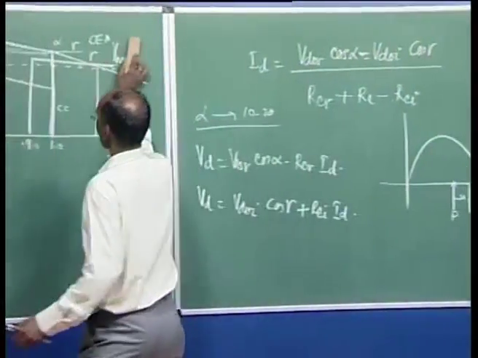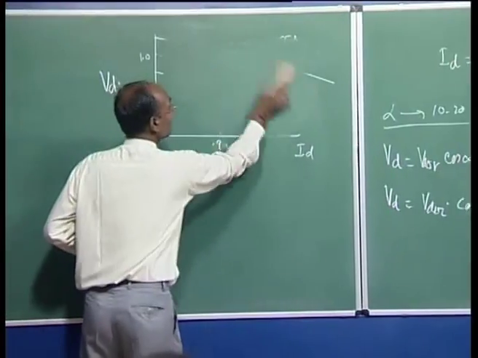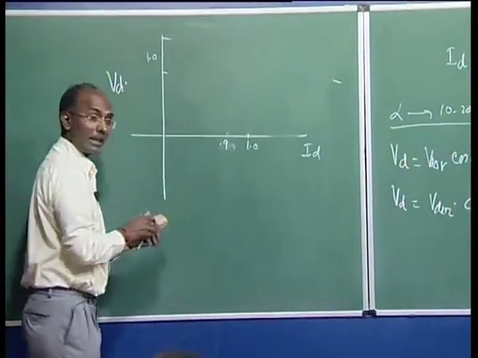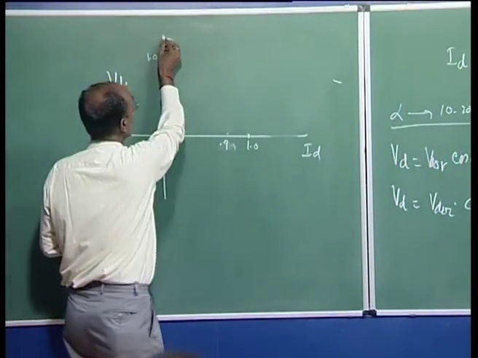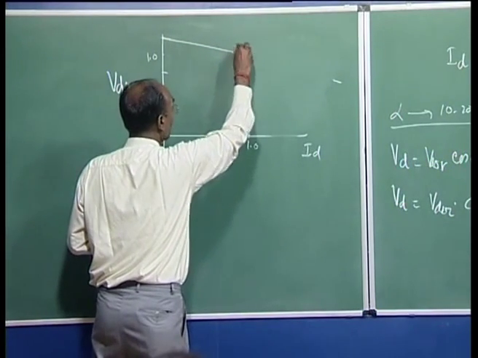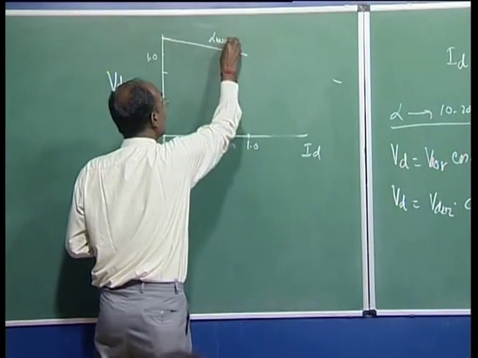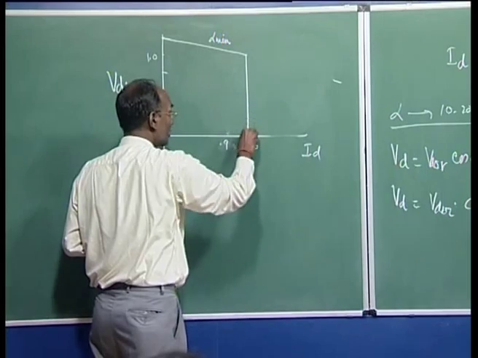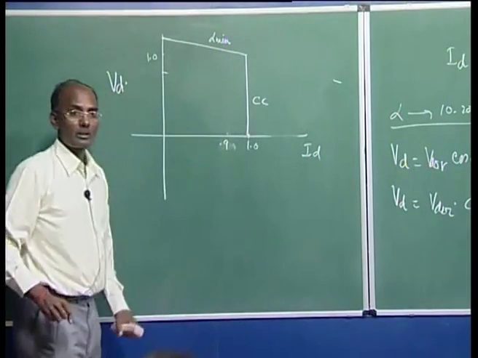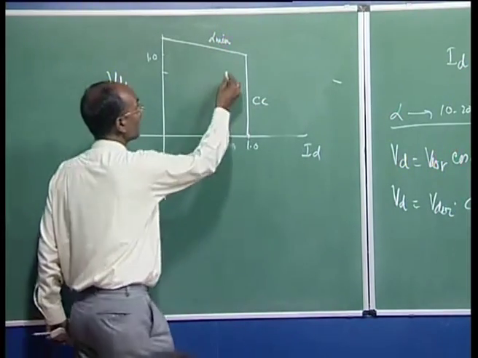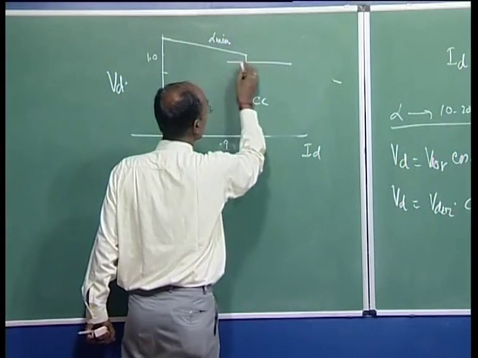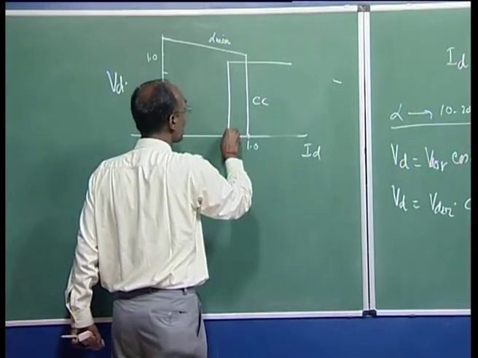So now you can see the complete control characteristic. In this mode, the first coordinate is your alpha minimum, and then we have the CC, constant current control. Then we have here a slope that is less than this, and then another one here.